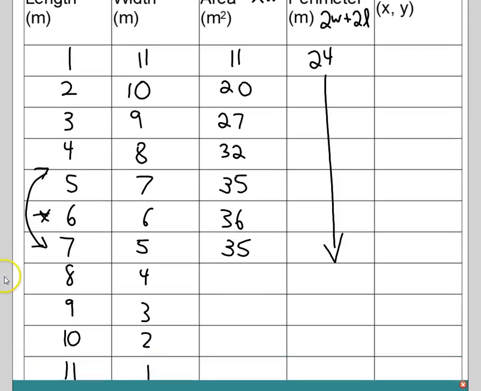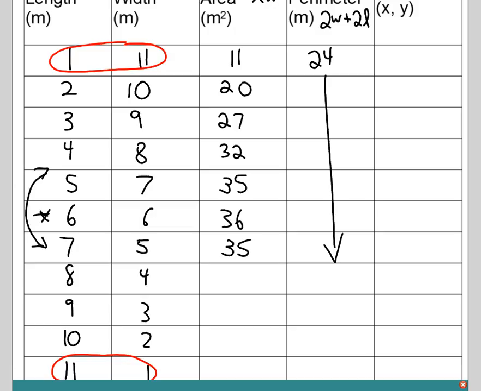Can't have a length of 12 because that would use up all of the edging on the two length edges without having anything left for the width. So our maximum length would be 11, and that would give a width of 1. You'll notice that there's a lot of duplication in here. The original set, 1 and 11, is repeated when we call the length 11 and the width 1.